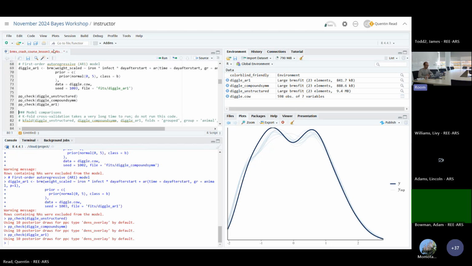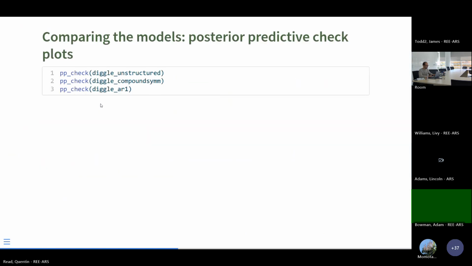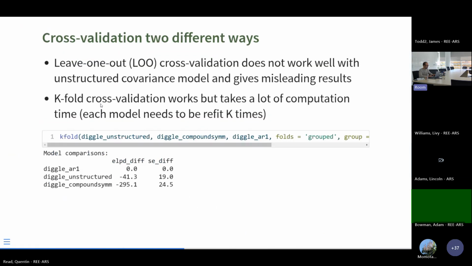So they all are capturing this bimodal distribution, which I think is the infected and uninfected animals, but none of the models stand out as being a bad fit. So we can't use this graphical check. At least I can't tell much of a difference there. It's not different enough to say which one's better. So that was the posterior predictive check.